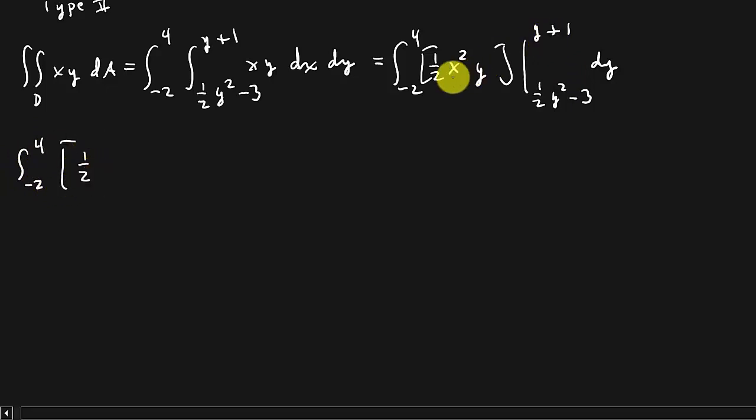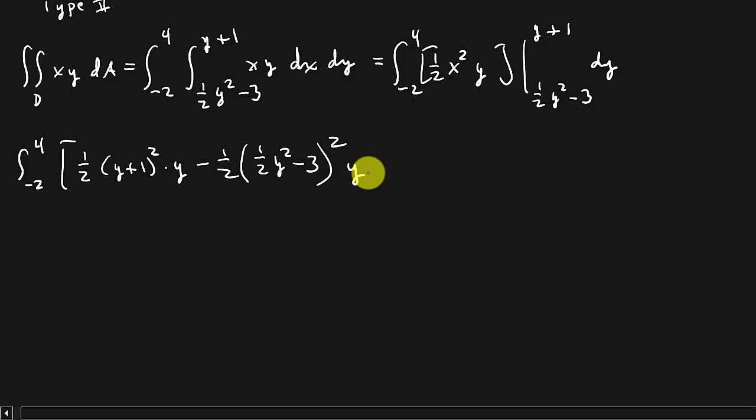We're plugging this in for x, so that's y plus 1 squared times y, minus 1/2 times 1/2 y squared minus 3, squared, times y, dy.